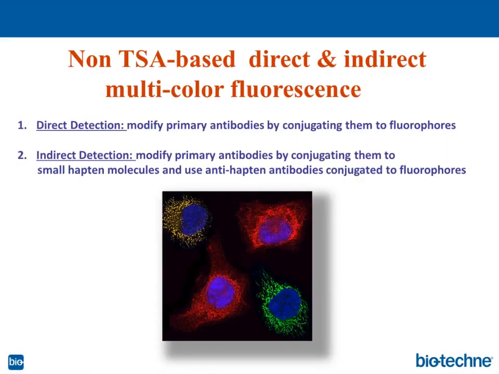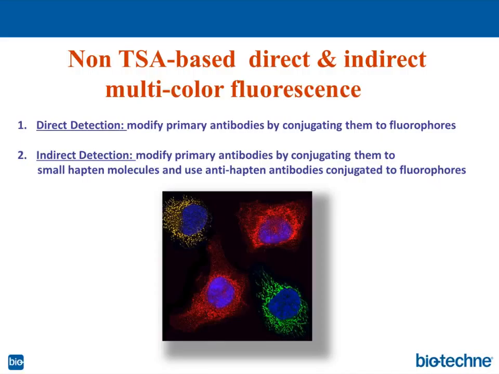So besides TSA, another protocol to do multicolor fluorescence is what we call non-TSA based protocols, and they are direct and indirect multicolor fluorescence. Direct detection is the detection when we modify primary antibodies by conjugating them to fluorophores directly. This is a very convenient, very fast, very easy to do protocol.